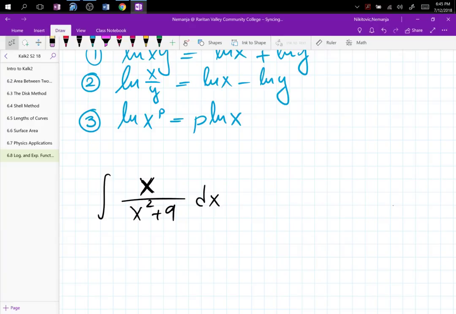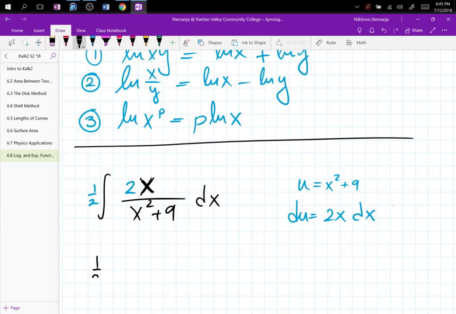Here the integral is done by using u sub on the denominator. You have x squared plus 9 in the denominator. du is equal to 2x dx. I need this 2, so I'll put a 1/2 in front.